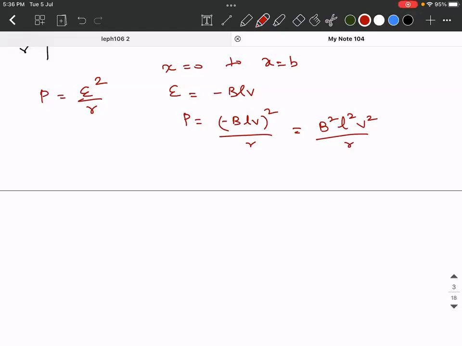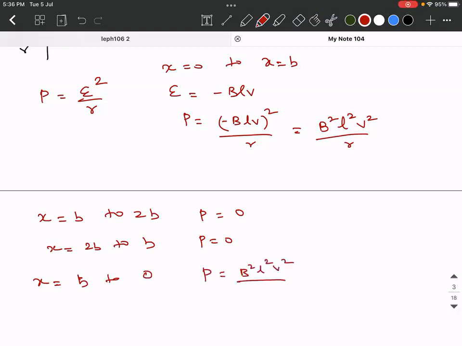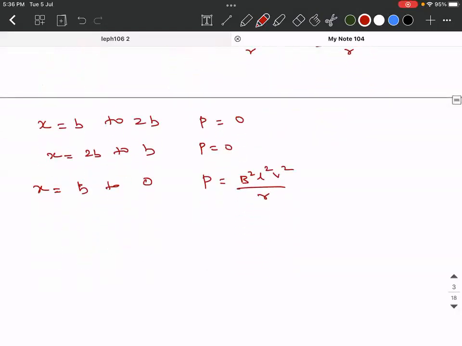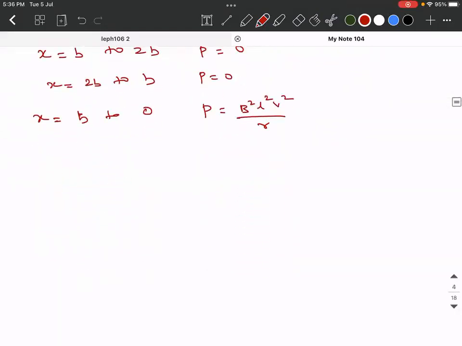Okay. Again, from x equals b to 2b, what will happen? Power will be 0. x equals 2b to b will be 0. x equals b to 0 will be positive. So power will be positive irrespective of whether you are going from 0 to b or b to 0.